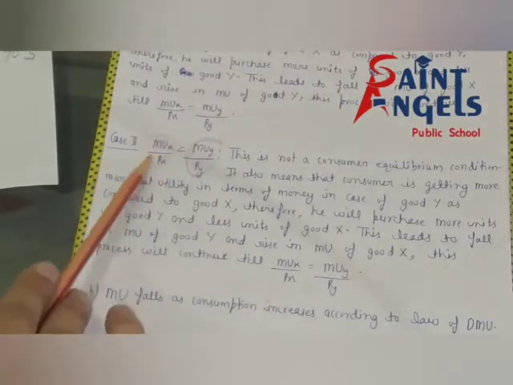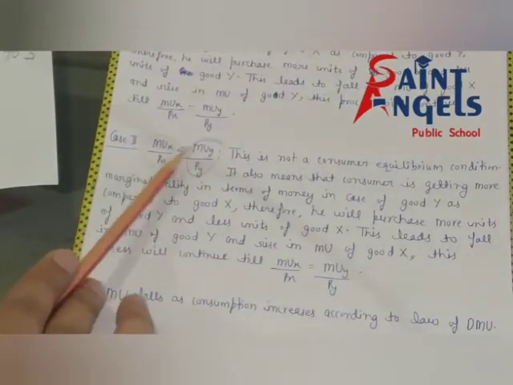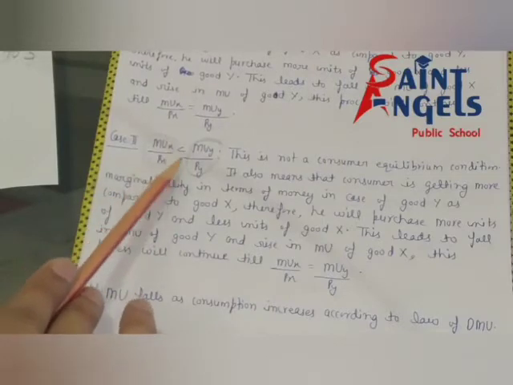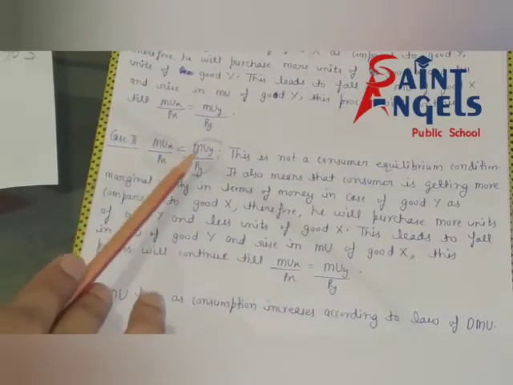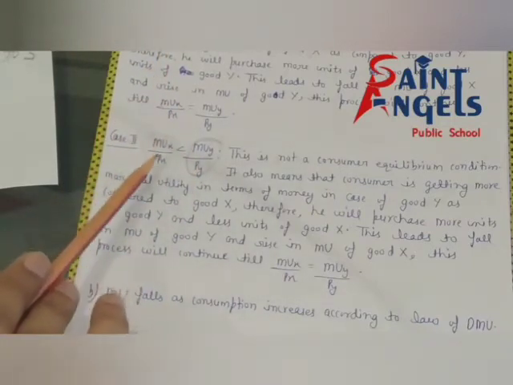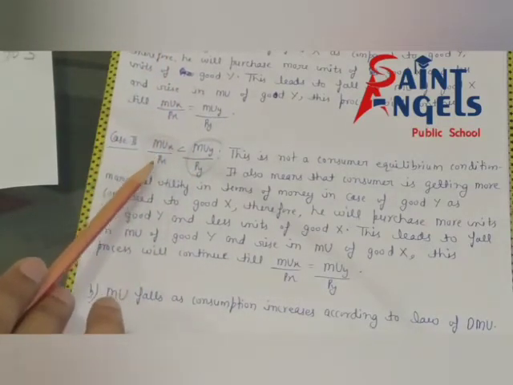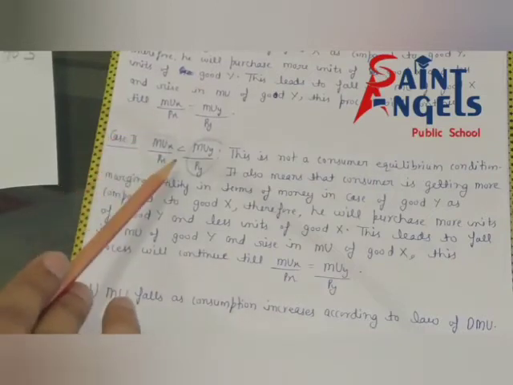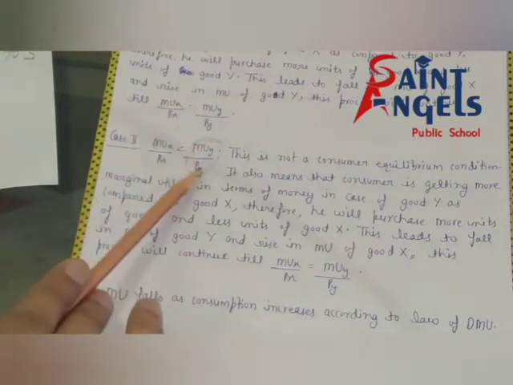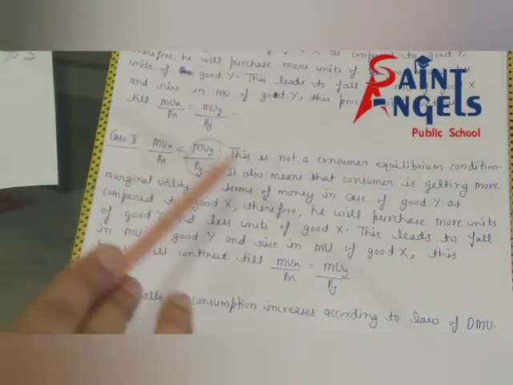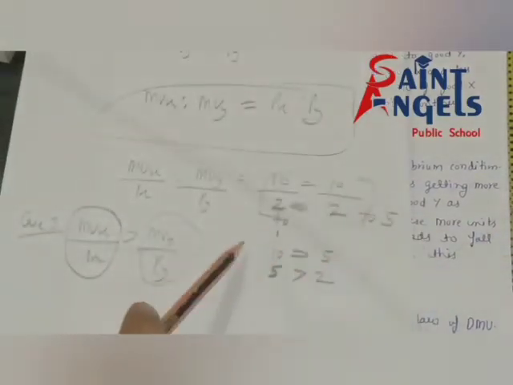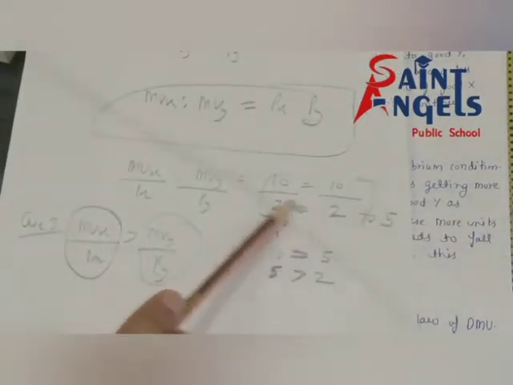See, in which situation will this exception be created? This condition will be created only when either the price of good X increases, or the price of good Y decreases.